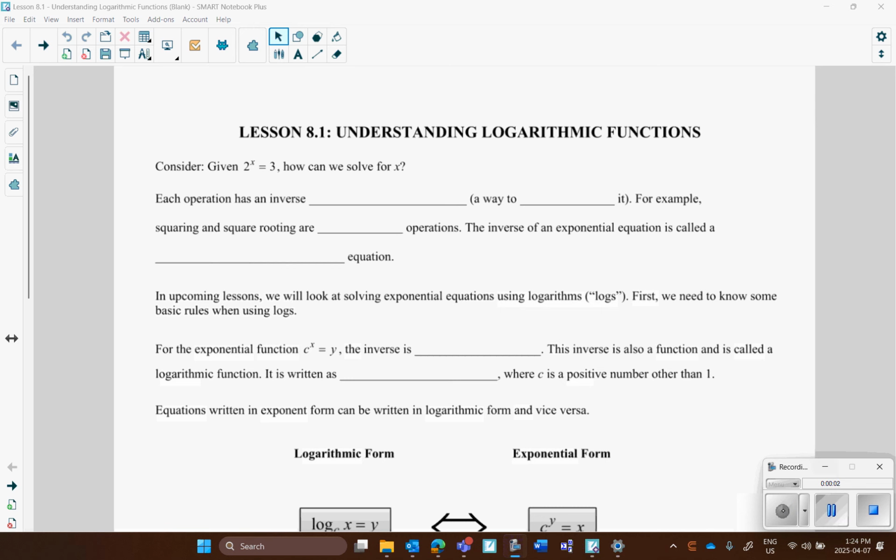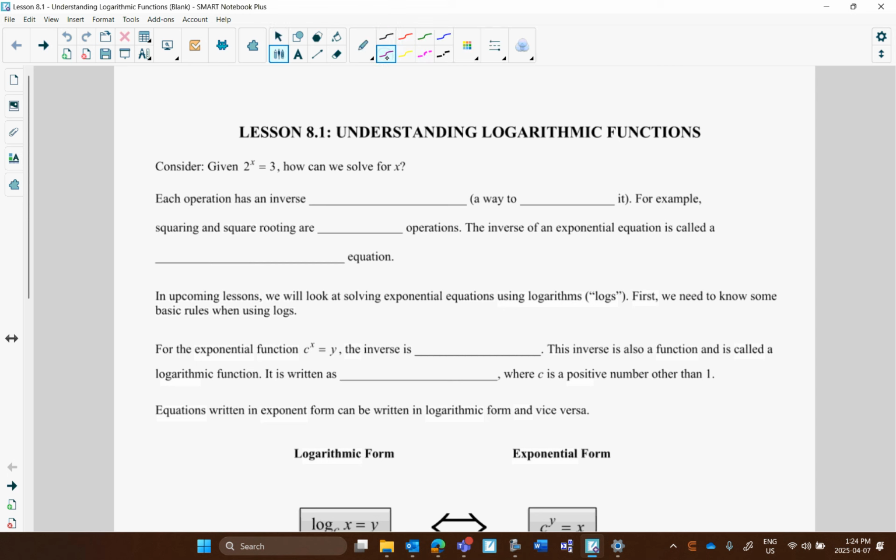So in Unit 7, we did exponential functions. So that would be questions like if I said, what's x?